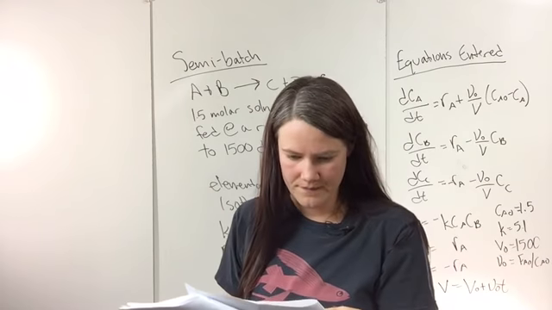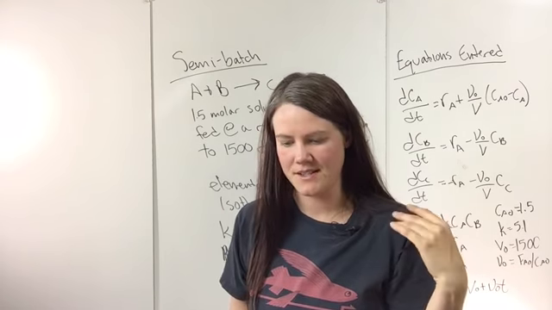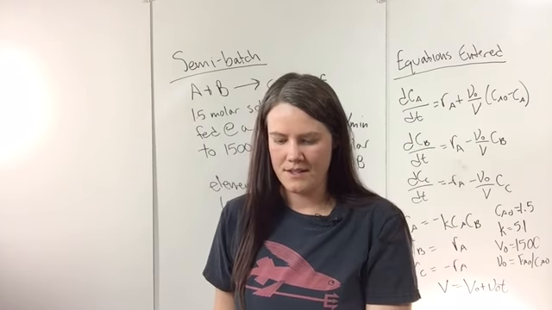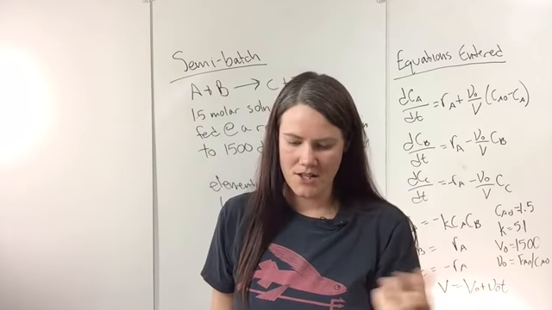So the next one, he has different types of reactors. So recycle reactors, and recycle reactors aren't in the book. So there's the notes and what's on the author's web page. I also made a video on recycle reactors, so you could look at that. So just the basic definitions, integrated forms of equations with and without volume change.